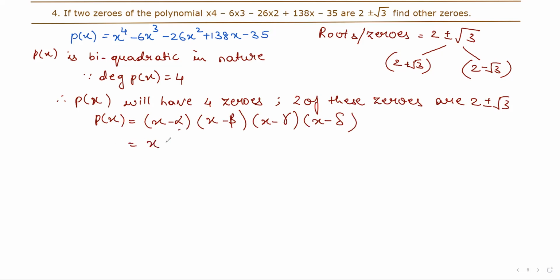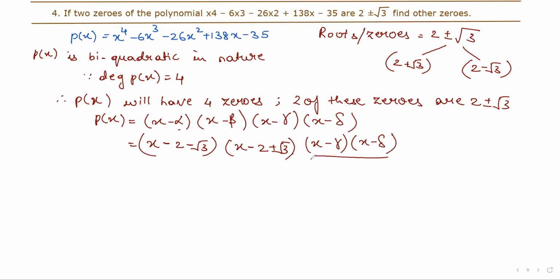So x minus 2 minus root 3, and this is x minus 2 plus root 3. These two values, two zeros are given to you. You placed alpha is equal to 2 plus root 3, and then you placed beta is equal to 2 minus root 3. Now, the rest two values are x minus gamma, x minus delta.